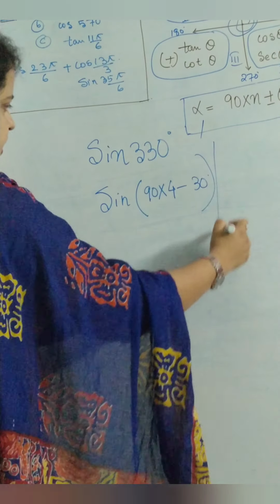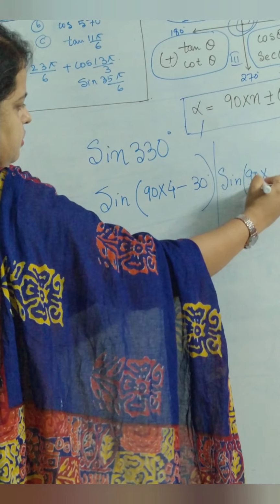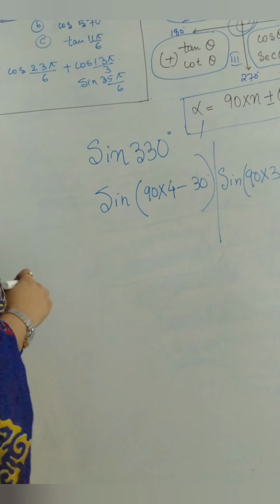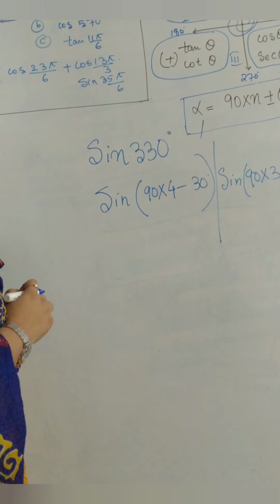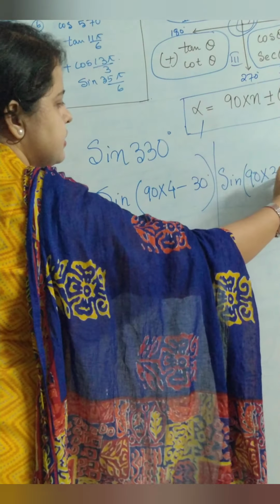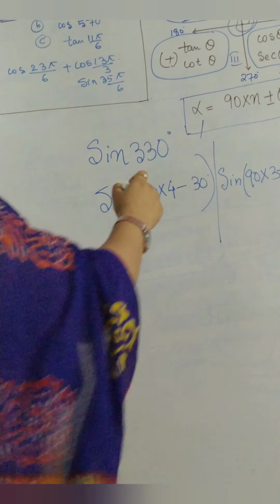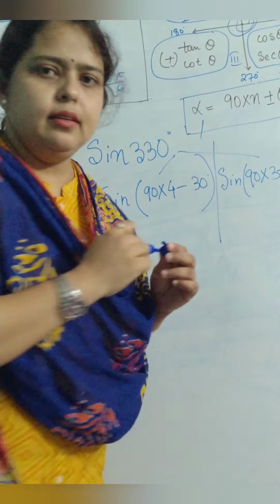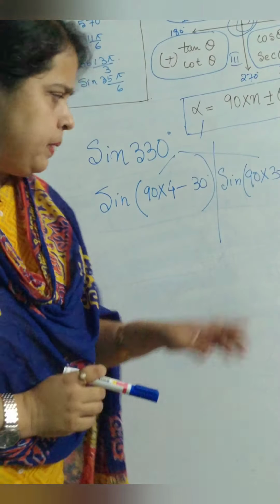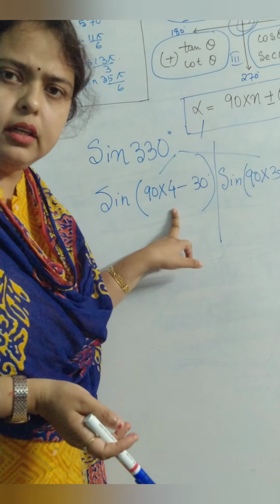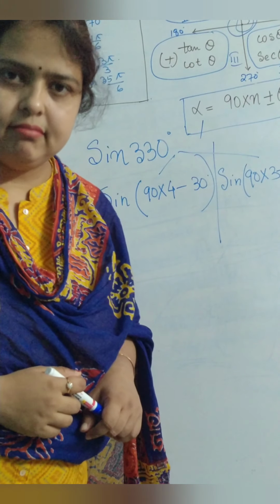Another child can say, ma'am, I am not writing 90 into 4, I am restricting myself to 90 into 3, that is 270 plus 60 degree. So you can see one child is splitting the angle 330 degree as 90 into 4 minus 30, and another as 90 into 3 plus 60.